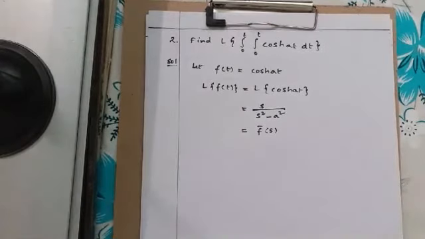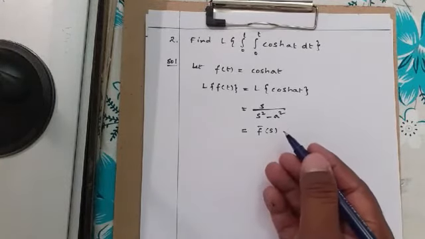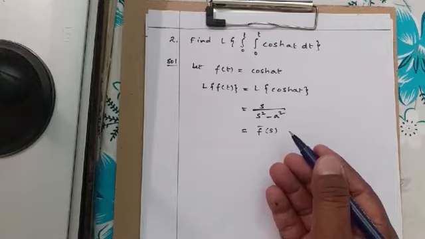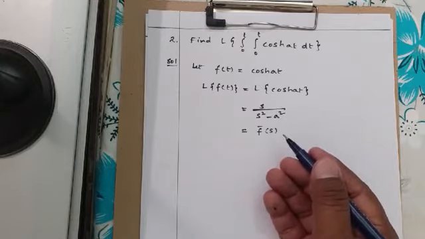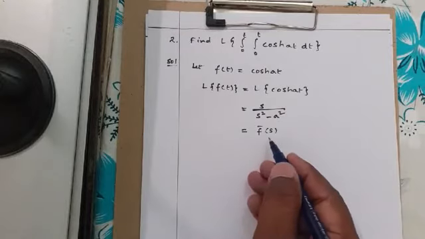In the previous problem it was based on the first shifting theorem. Now in this second problem you can see it is directly given Laplace of cos h at, so you know the formula. In the first session I gave you the Laplace transform of elementary functions, so from that we can write this.